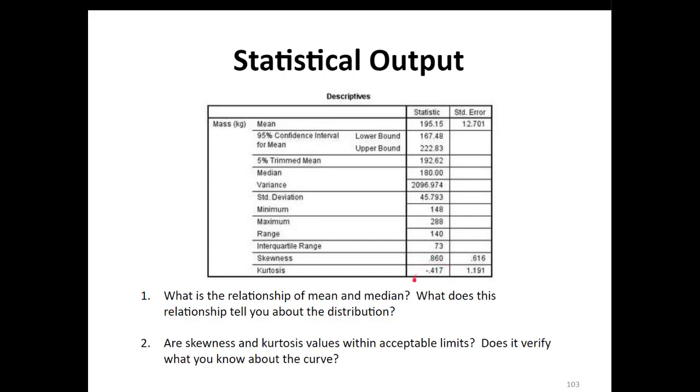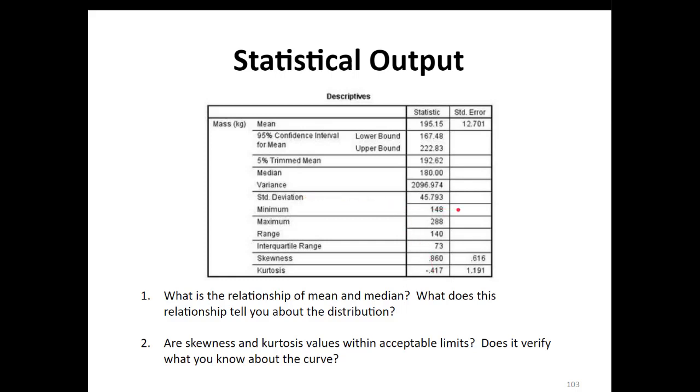The last piece is kurtosis, and the kurtosis is -0.417. Remember, kurtosis has a range of positive and negative 3. -0.417 is within that range. So it's slightly flattened, not a lot, not to the point where it's messing up the curve.